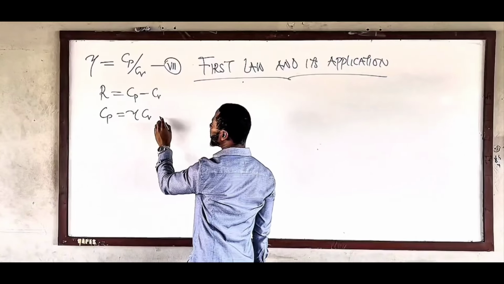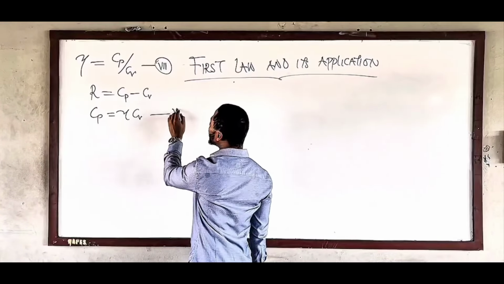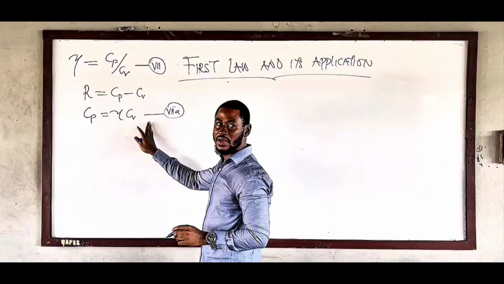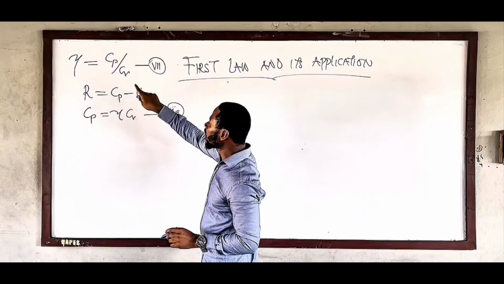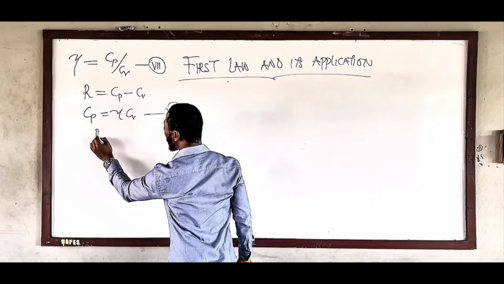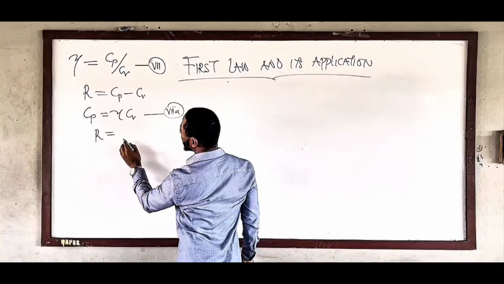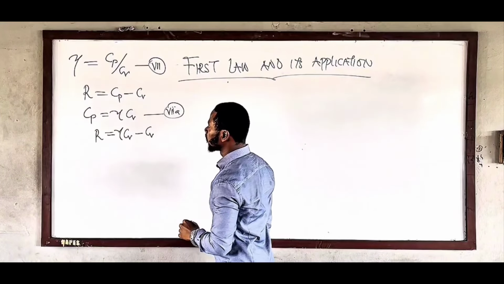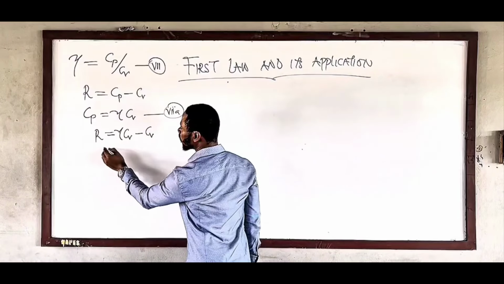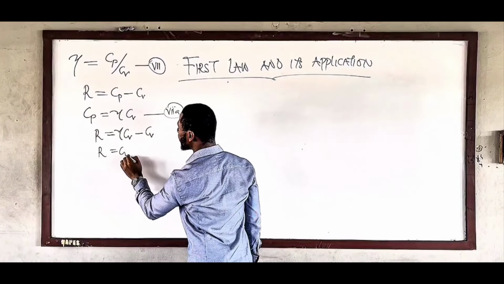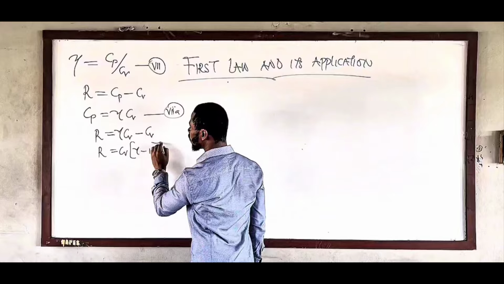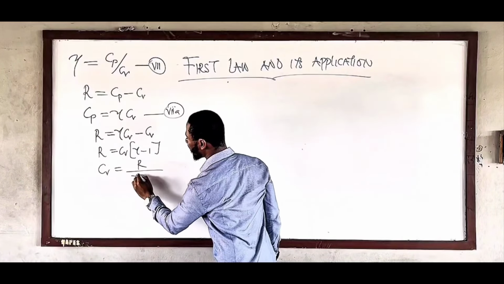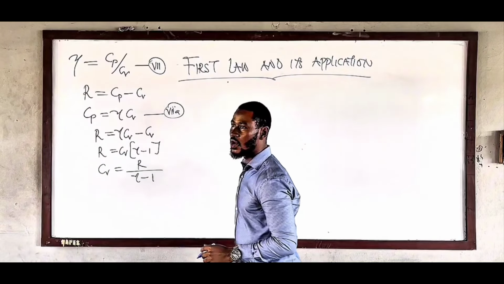Name it equation 7a. Substitute equation 7a into equation 6. So we have R equals gamma Cv minus Cv. Cv is common, so R equals Cv into bracket gamma minus 1. So Cv becomes R divided by gamma minus 1.